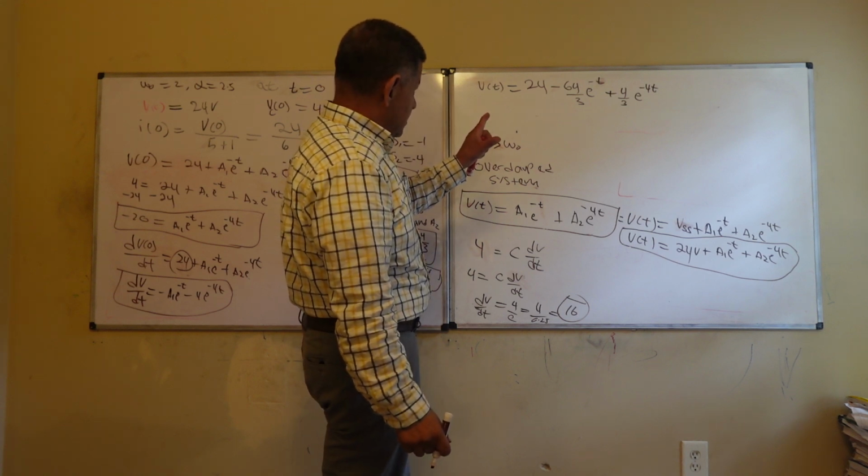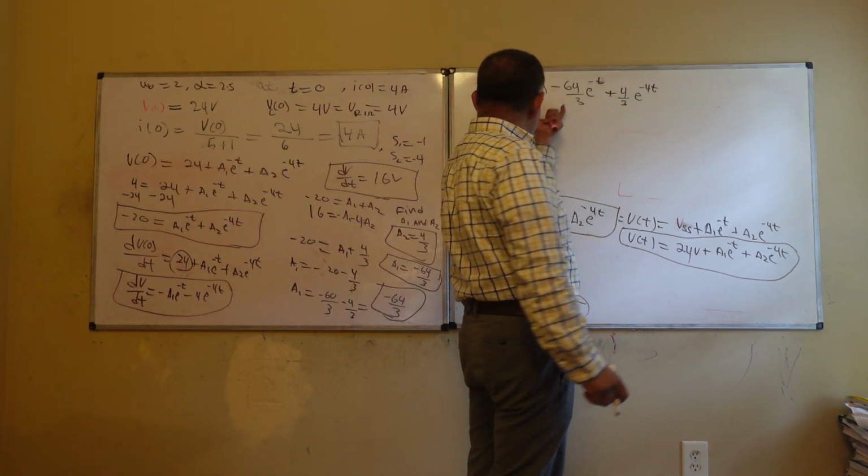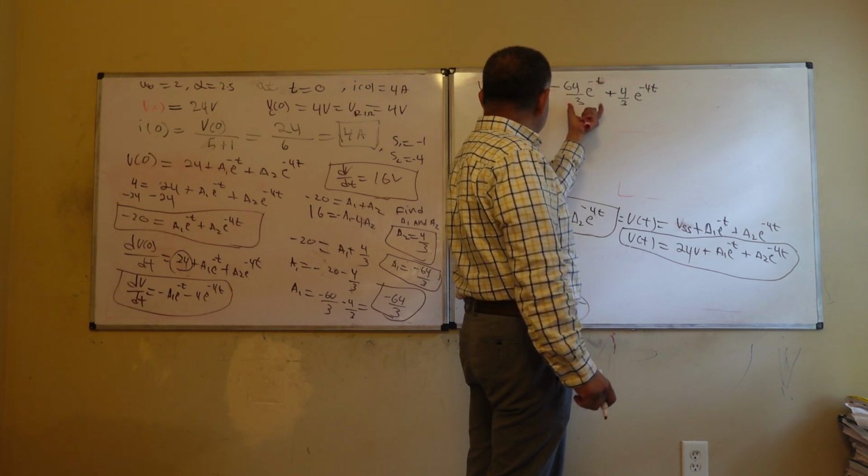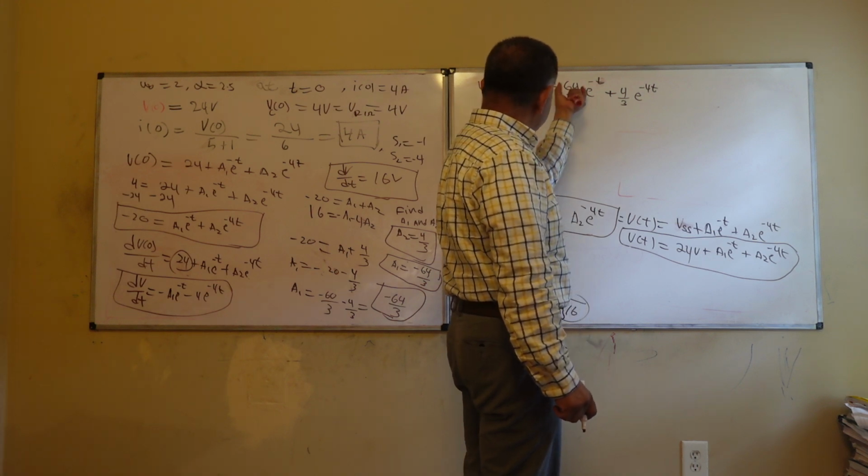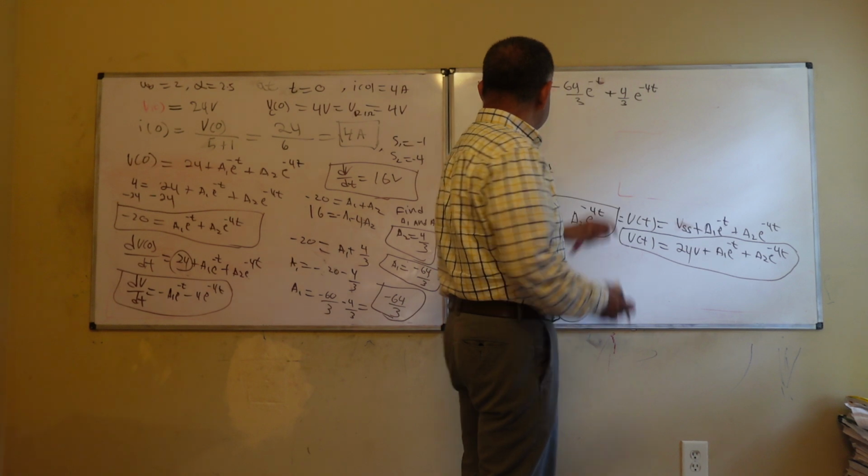Notice that I can actually factor out this 1/3 and leave in whatever factors out with this. So it's going to be 16.